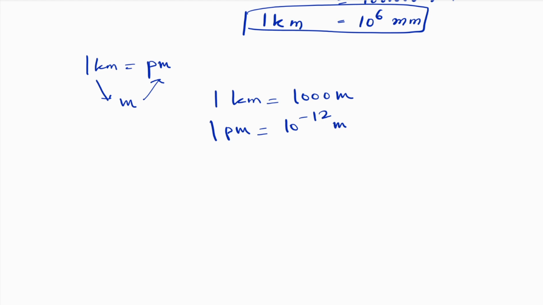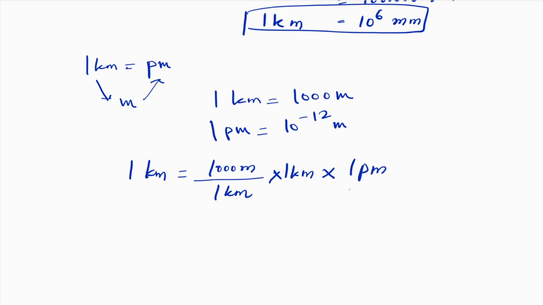So we convert 1 kilometer is equal to 1000 meter, multiplied by 1 kilometer, because we have to convert kilometer into picometer. Then 1 picometer should be in the numerator, divided by 10 raised to power negative 12 meter.